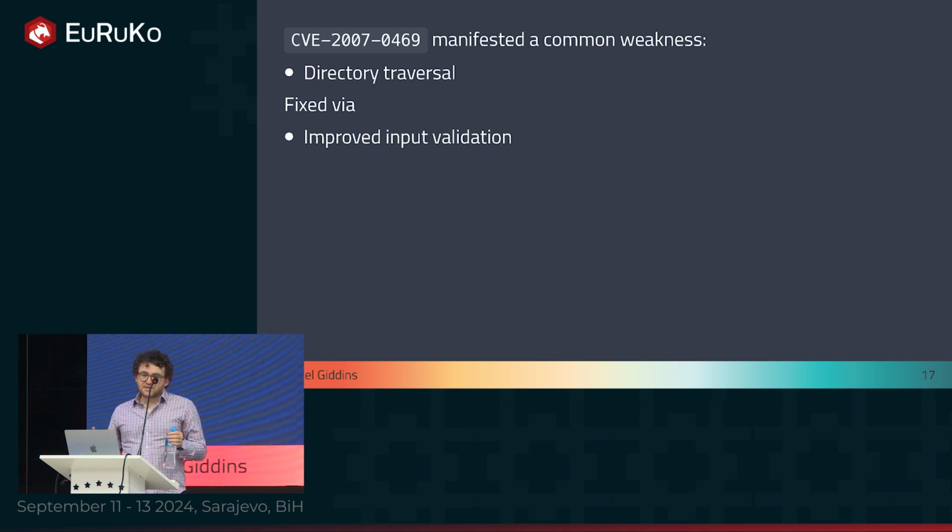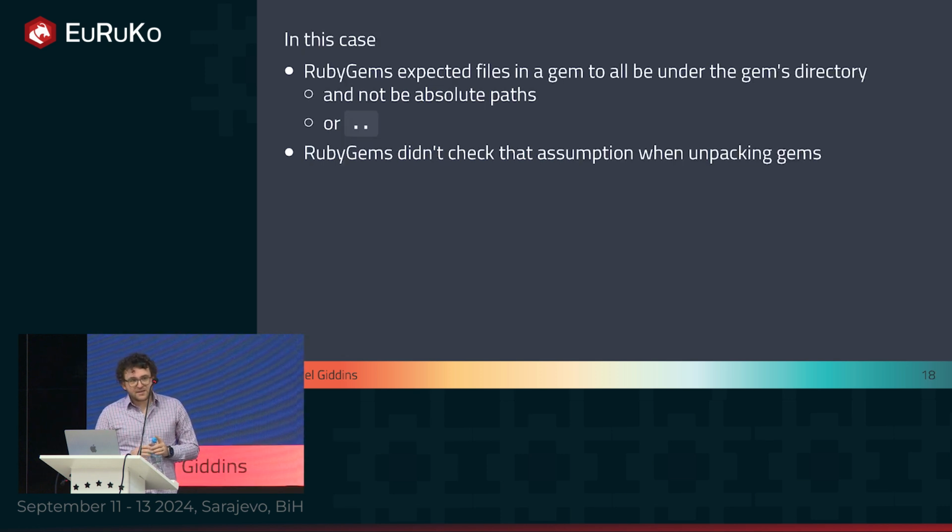Assumptions about untrusted input, aka random gems, can't be trusted. And we fix it by not trusting it. So in this case, we had RubyGems expecting files in a gem to all be under that gem's directory. Makes sense, you install a gem, its files belong to that gem.